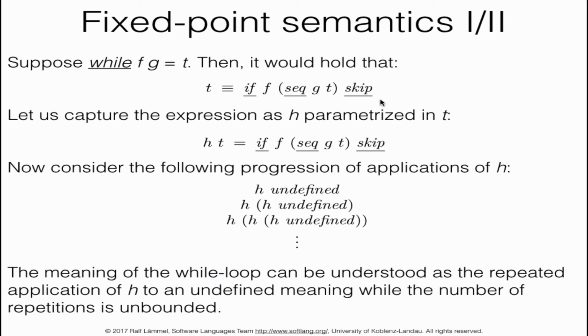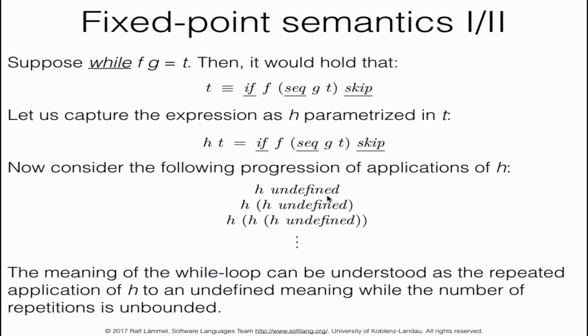Now what we can do is parameterize in t. So we define a function h, we parameterize it in t, and we define it as above. And now we consider a progression of applications of h, where we apply h initially to the undefined meaning, and then we apply h to the application of h to the undefined meaning.